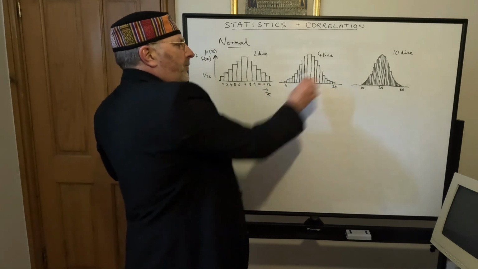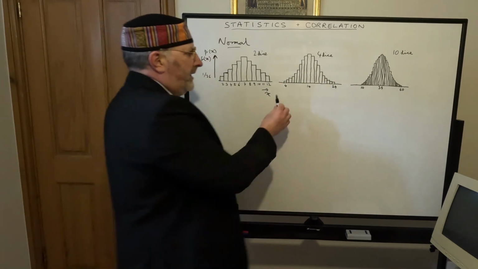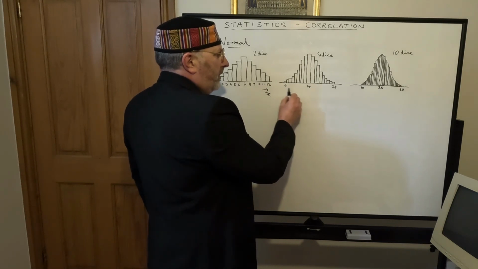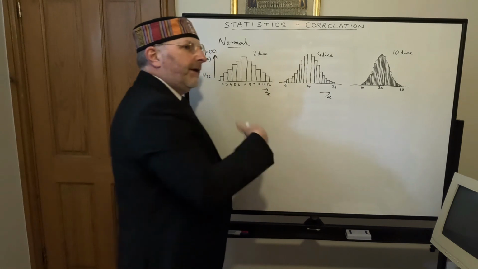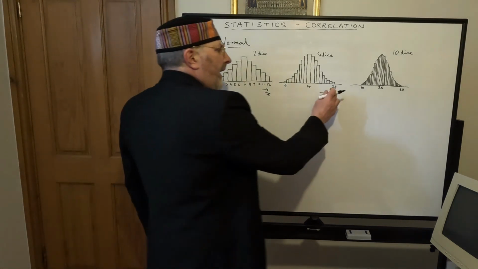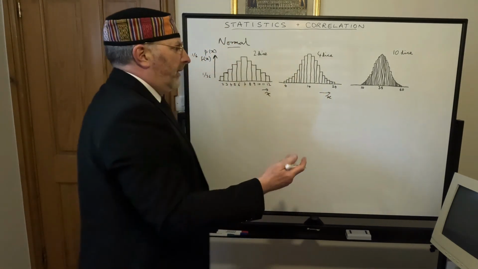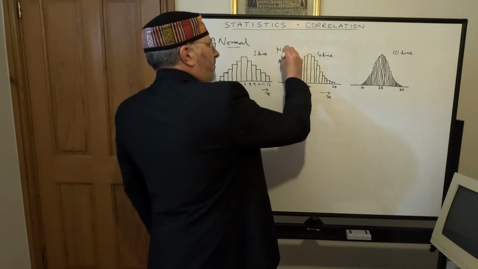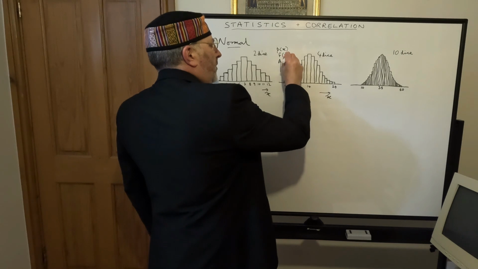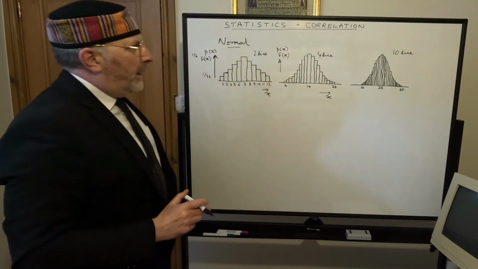If we throw 4 dice, we find here that the value of x can be between 4, that's if they all come up 1, and 24 if they all come up 6. Again, what we're measuring up here is the probability or frequency.